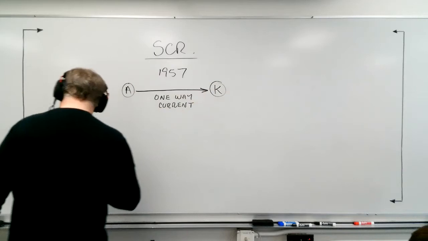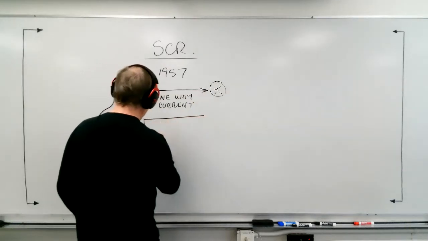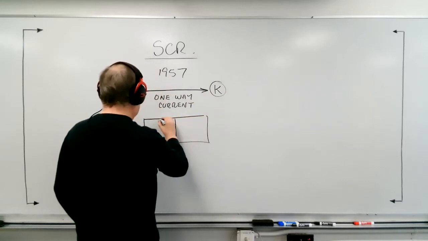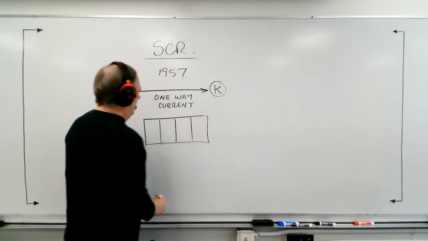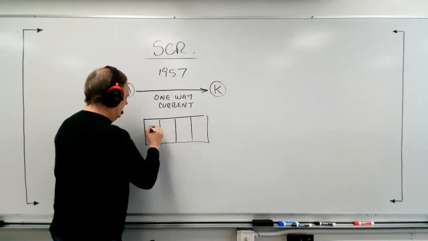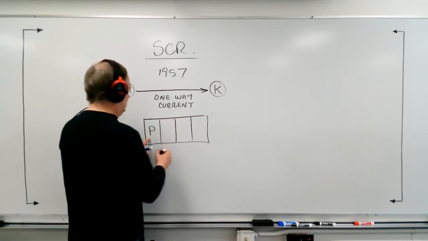Now, this device has 4 layers and looks like this. We start by dividing it up into 4, and on this end I'm going to put a p-type layer, semiconductor material that's been doped to be p-type.